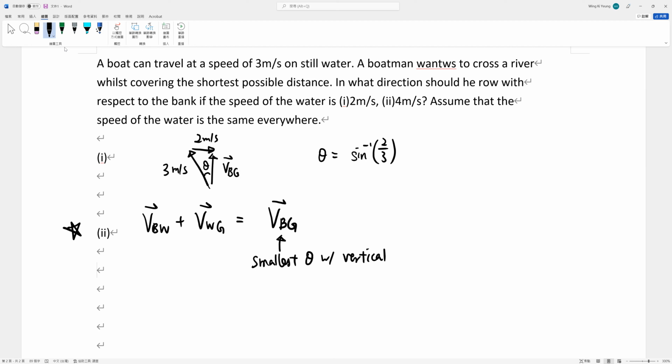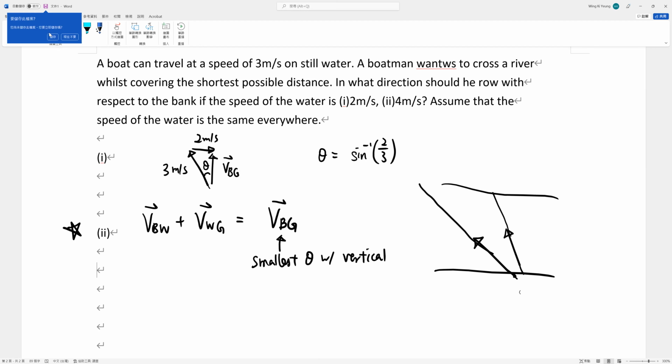If it has the smallest angle with the vertical, consider these two vectors: this one will travel the shortest distance, and this one will travel a longer distance. I think it's not difficult to understand, right?